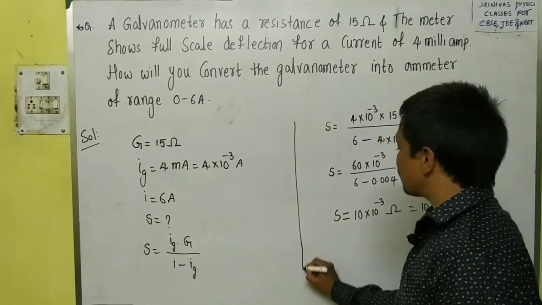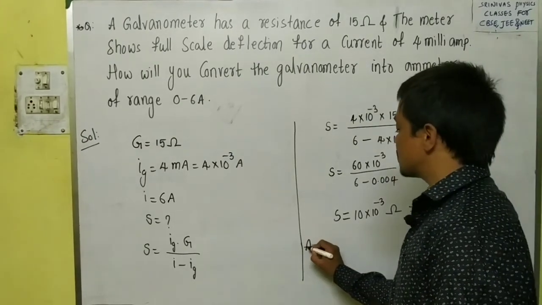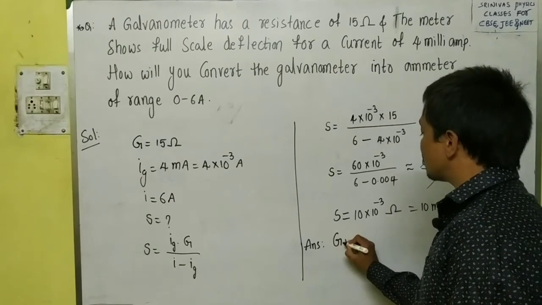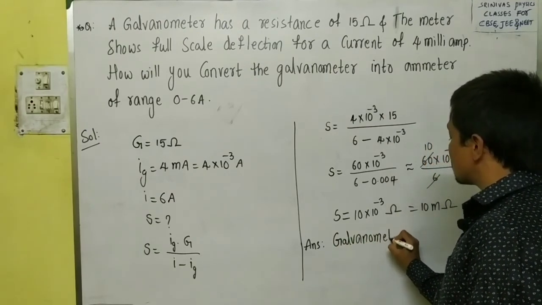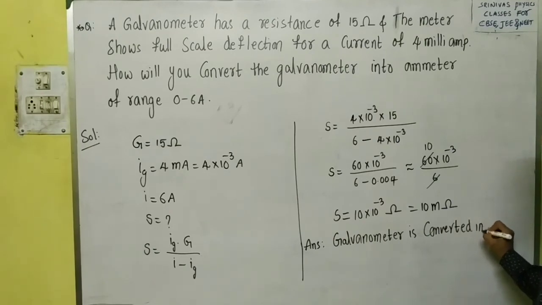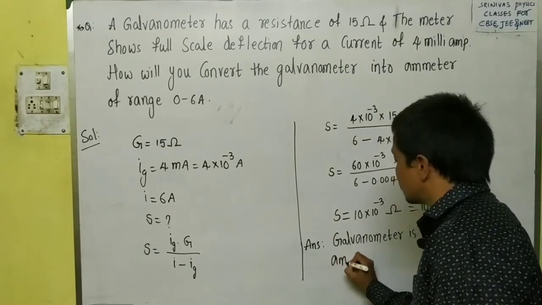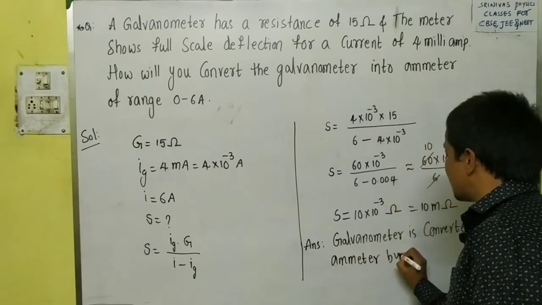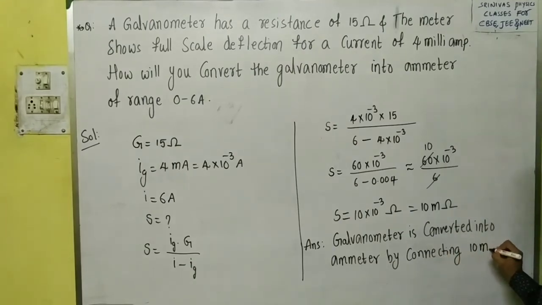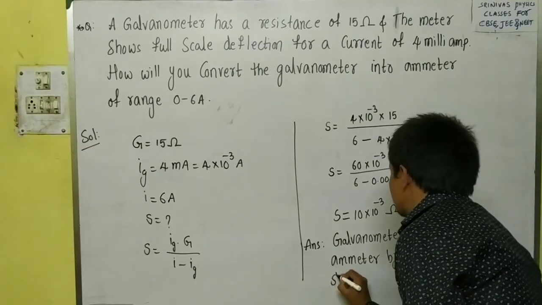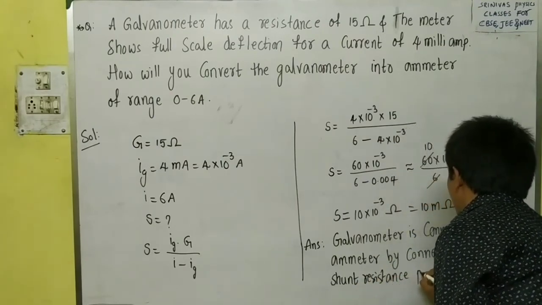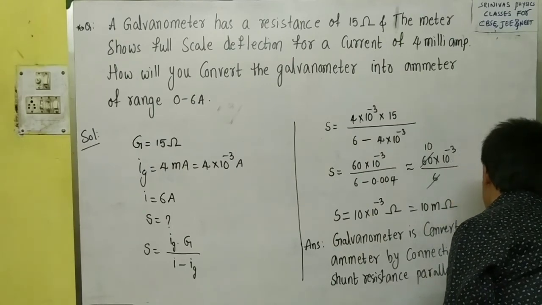Now, how do you convert the galvanometer into an ammeter? The answer is: the galvanometer is converted into an ammeter by connecting a 10 milli ohm shunt resistance parallel to it.